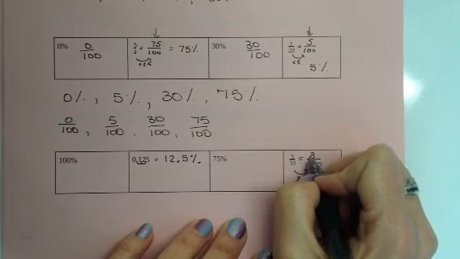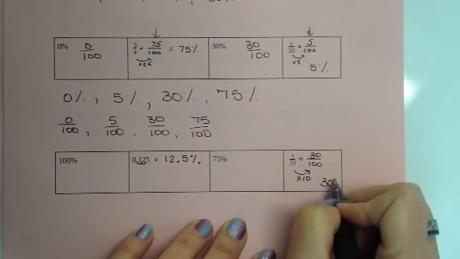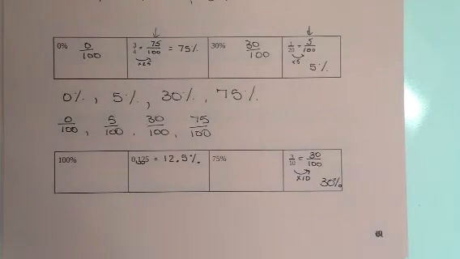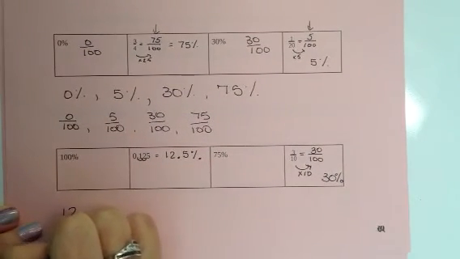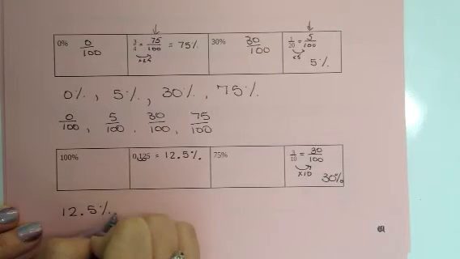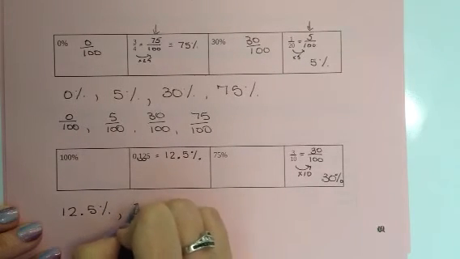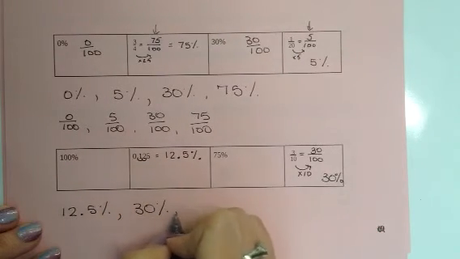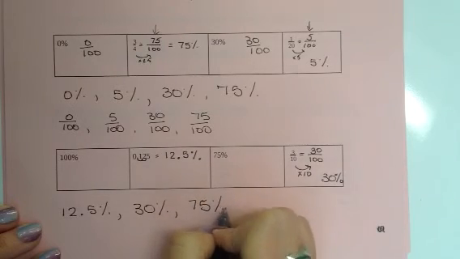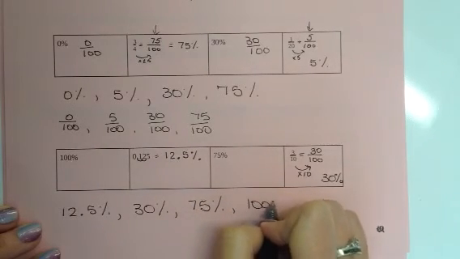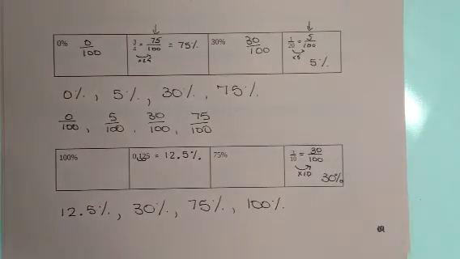So 3 times 10 is 30. So that makes this 30%. Now I'm thinking all of us can put this totally into order from smallest to largest, and I have 12.5%, followed by 30%, followed by 75%, and then finally 100%, the top of our way.